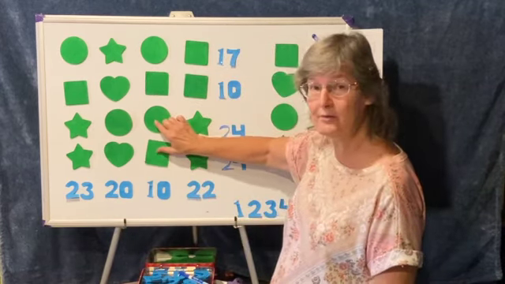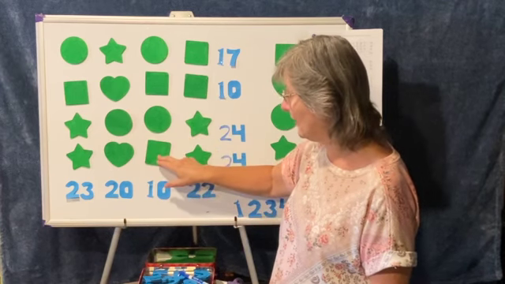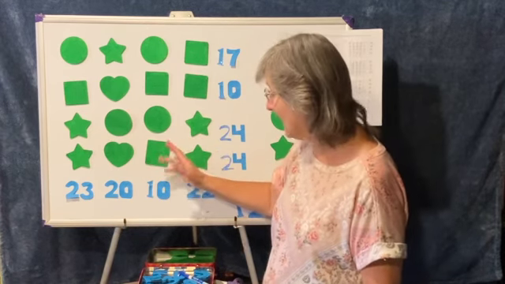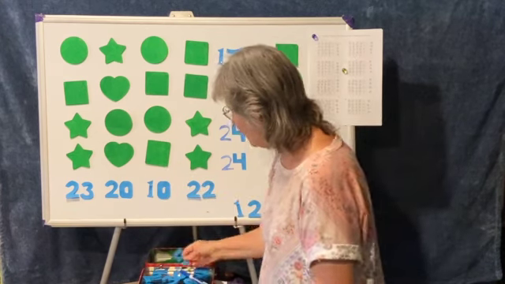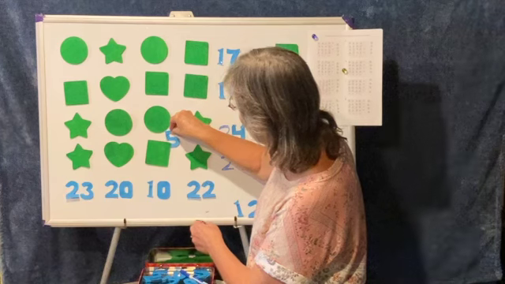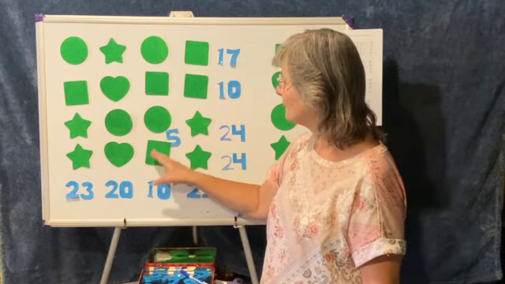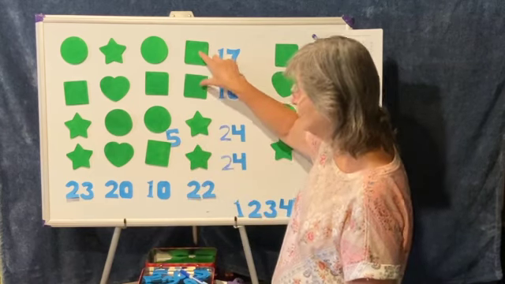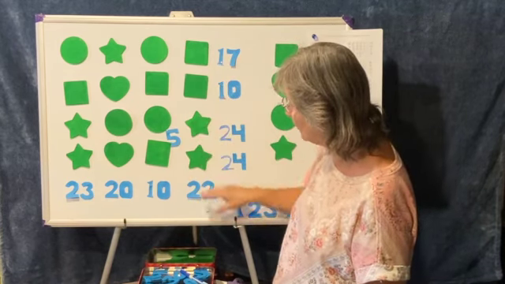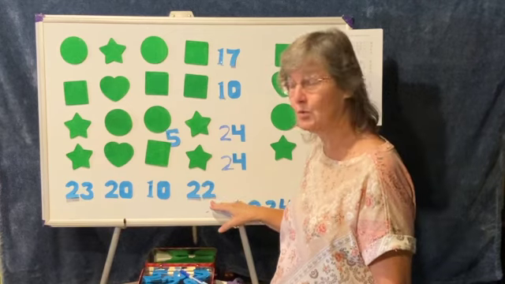And right here we see that a circle and a square are going to make 5 because all 4 of them make a 10. So let's put our 5 right here to remind us a circle and a square are 5. And here we have 2 squares and 2 stars making 22.